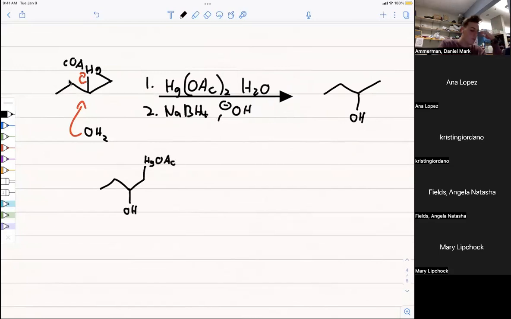Then this will first be H2O, and then we'll deprotonate it to be just alcohol. And then this NaBH4 step, you don't have to worry about how it happens, but it's just going to completely cleave it. And then you're left with this as your final product. And that's it.